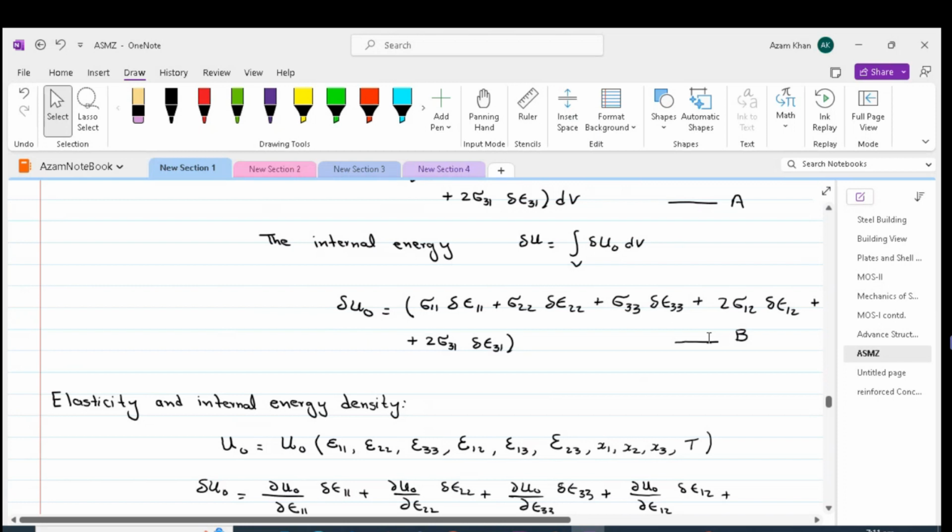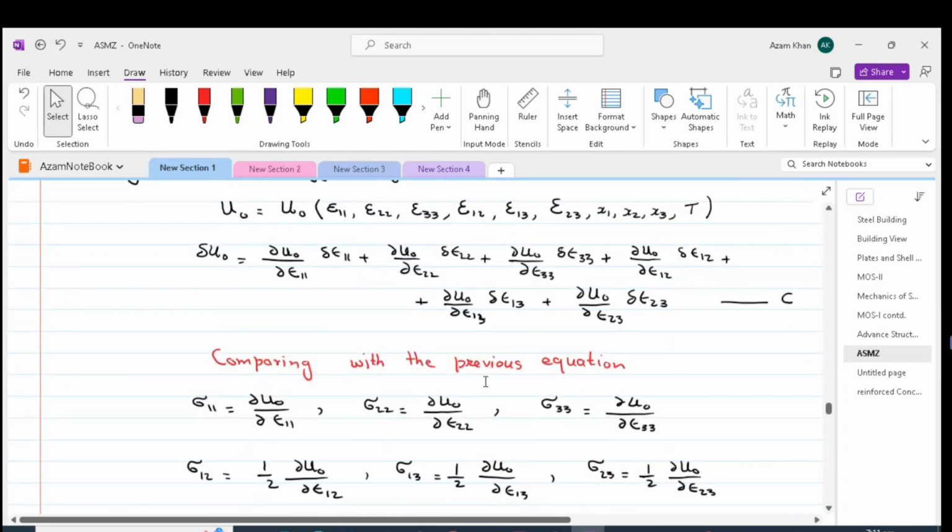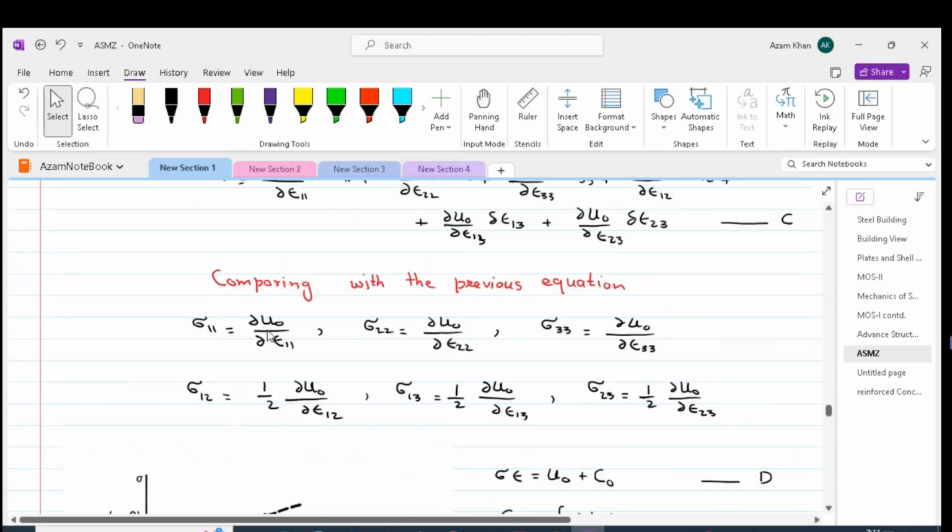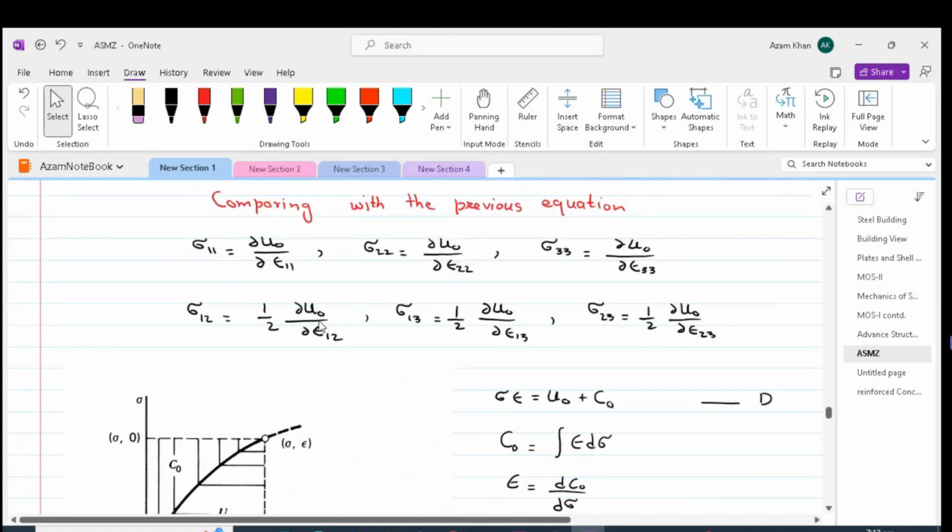We can compare B and C, and we get sigma 11 equal to partial U naught by partial epsilon 11, sigma 22 is partial U naught by partial epsilon 22, and sigma 33 is partial U naught by partial epsilon 33. Similarly, sigma 12 is half of partial U naught by partial epsilon 12.